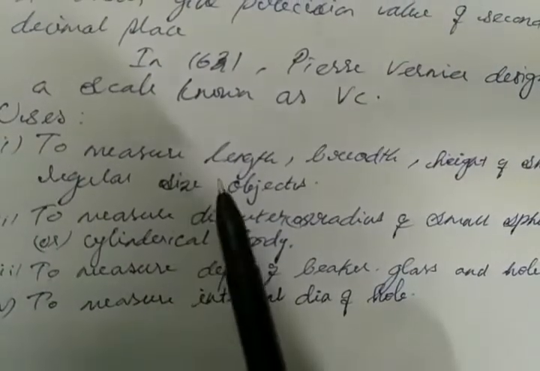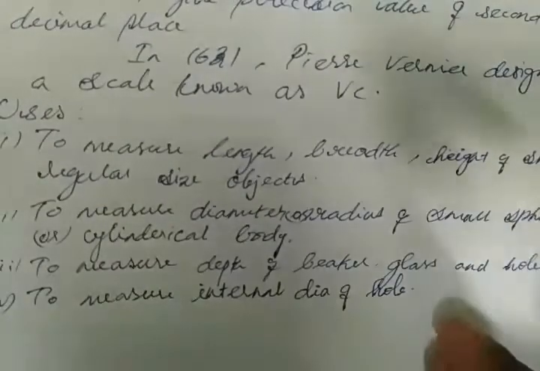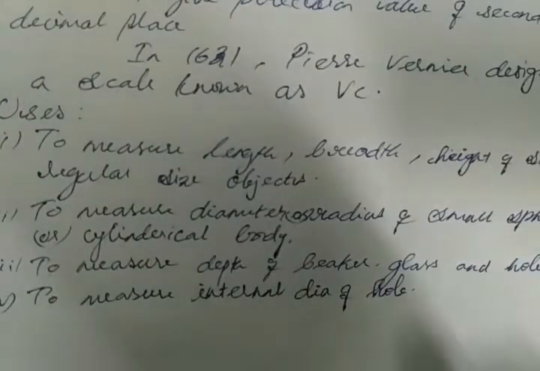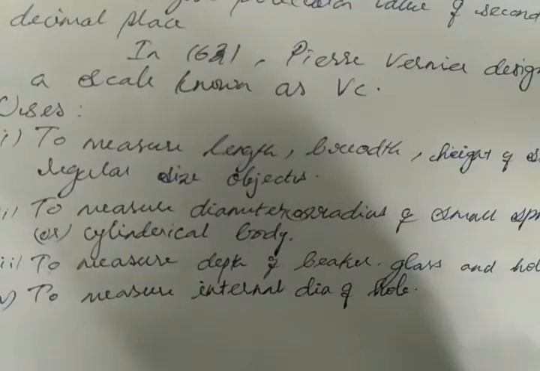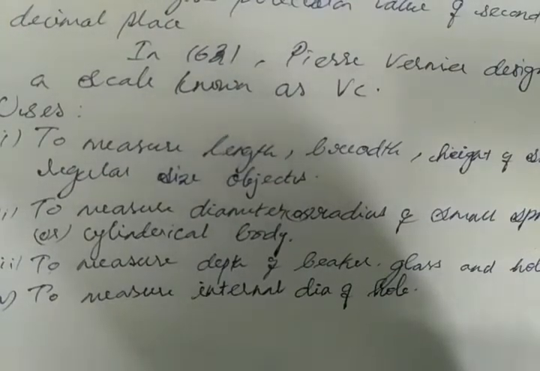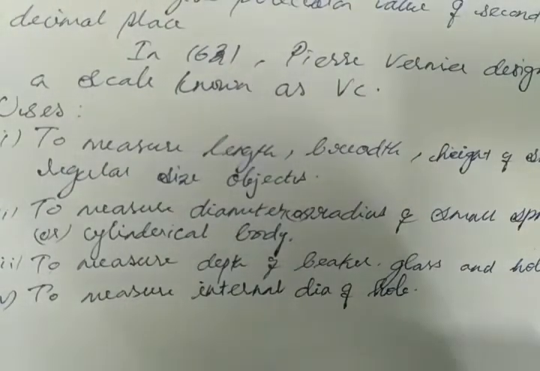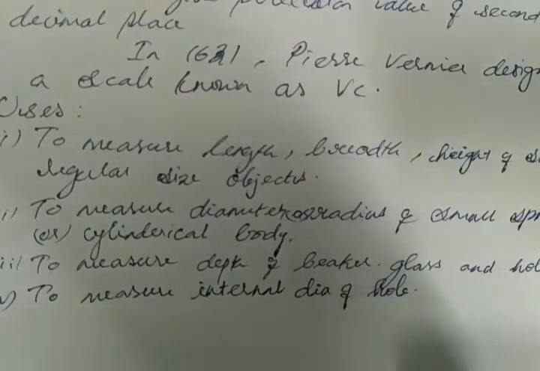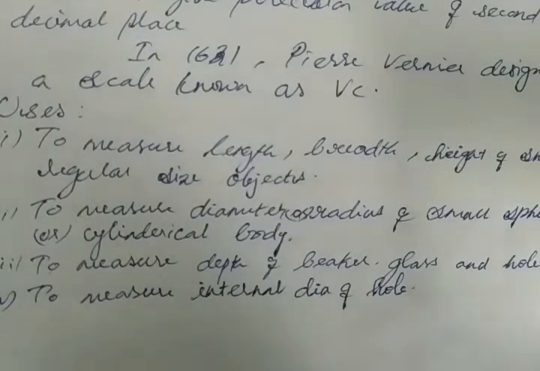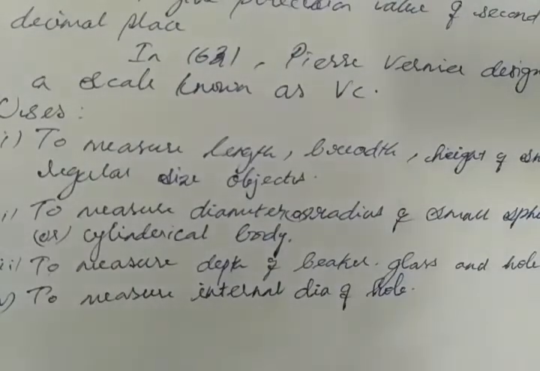It is used to measure length, breadth, height of small regular size objects. Here small means we can measure up to 10 centimeter or 15 centimeter. So the vernier caliper has a similar structure to our normal scale. Length-wise it is either 10 centimeter or 15 centimeter or in between, 12 centimeter.